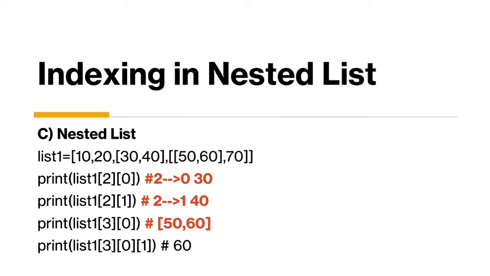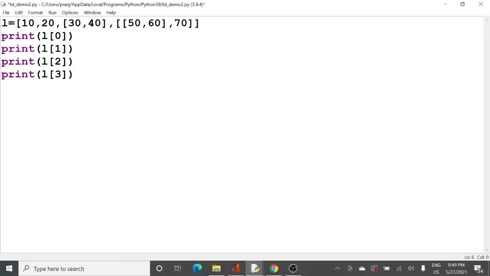Let us see how it works. So here, if I want to print the element that is 0, 1, 2 at the second index, right? So I should take 2 as in my first square bracket, and if I want to retrieve 30, the value that will be the first element of this particular element, right? So that will be like this. Print.